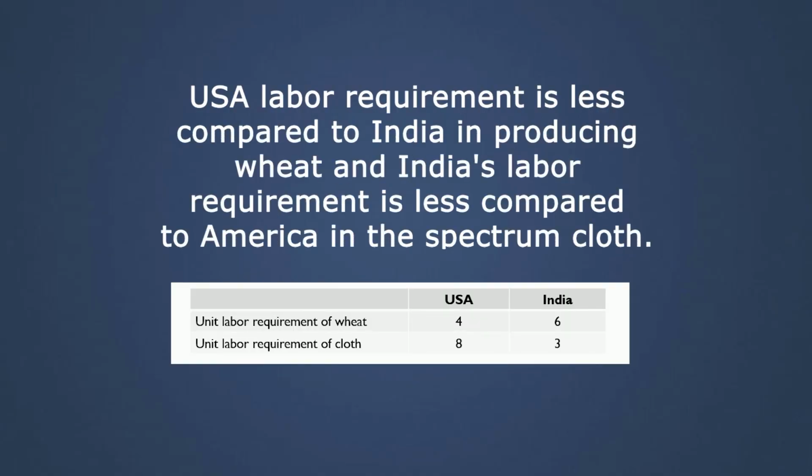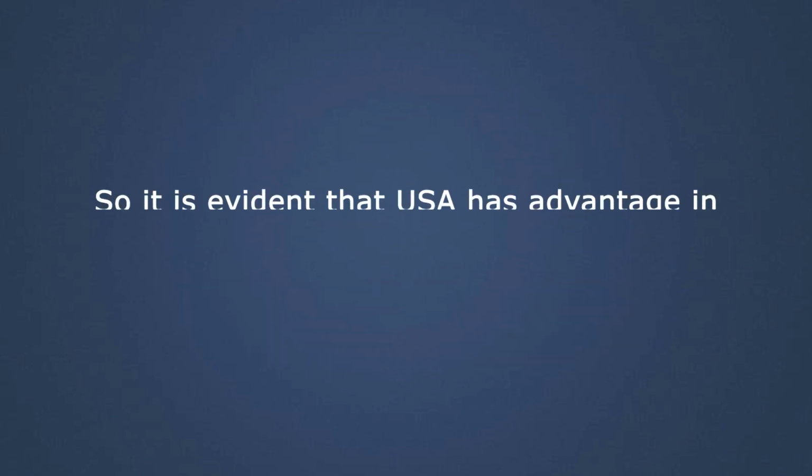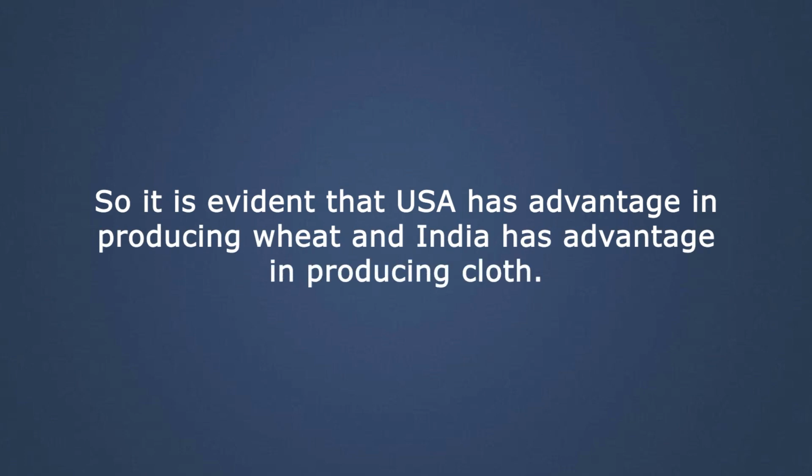Now students, if you just use your brain, you need not work hard or push yourself much to understand that. USA's labor requirement is less compared to India in producing wheat, and India's labor requirement is less compared to America in respect of cloth. So it is evident that USA has an advantage in producing wheat, and India has an advantage in producing cloth.